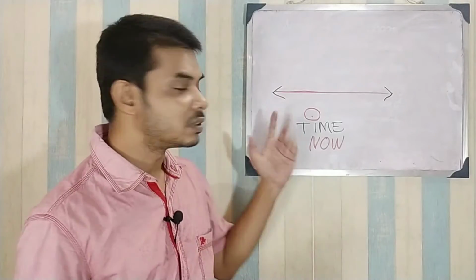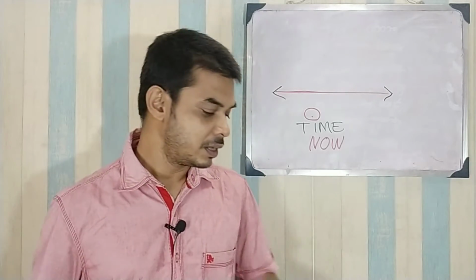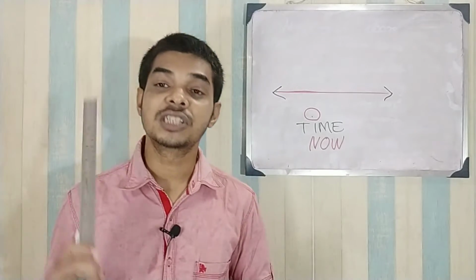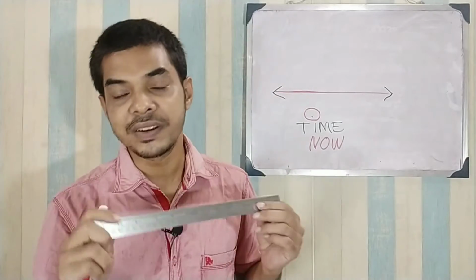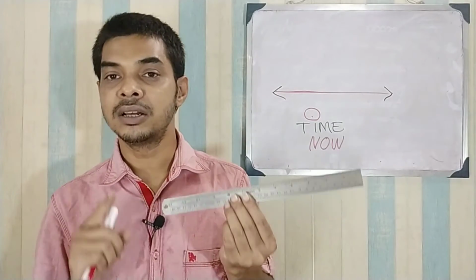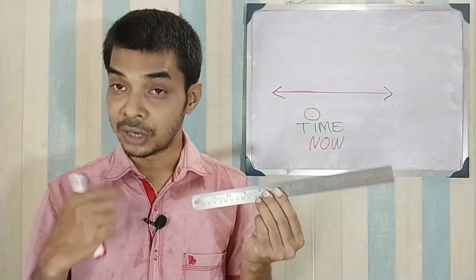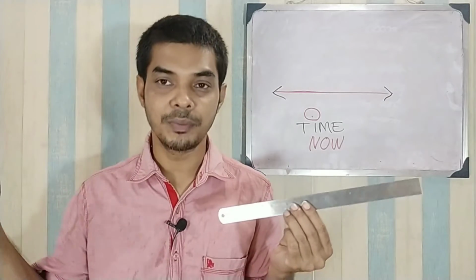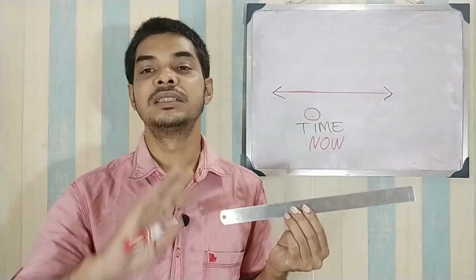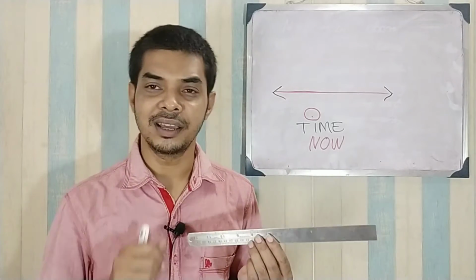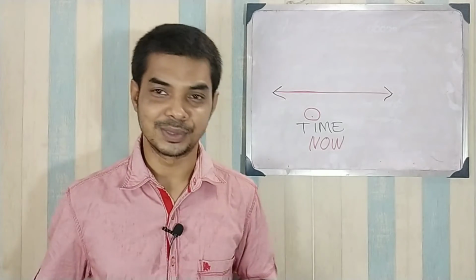So now this is actually the scale with which we will measure time. And by measuring time with this scale, we will decide whether we'll go for this moment or some past moment or some moment that's coming. And these are the 3 times we learn in tenses.